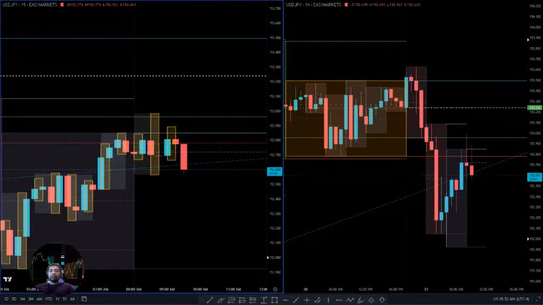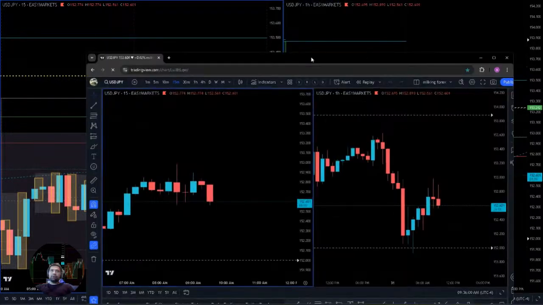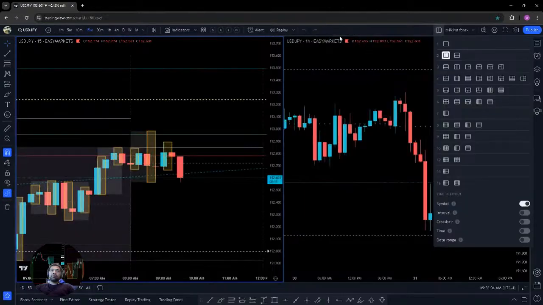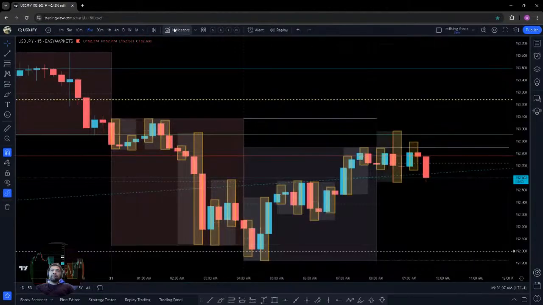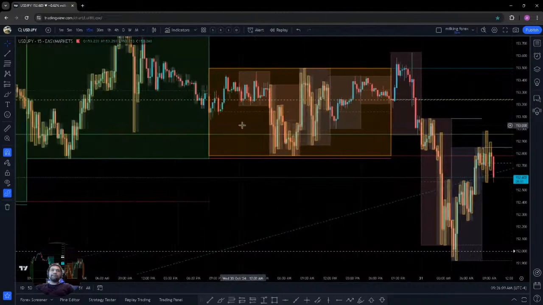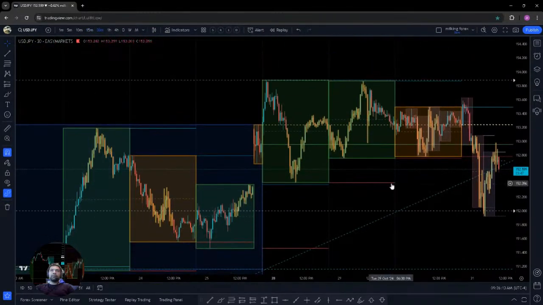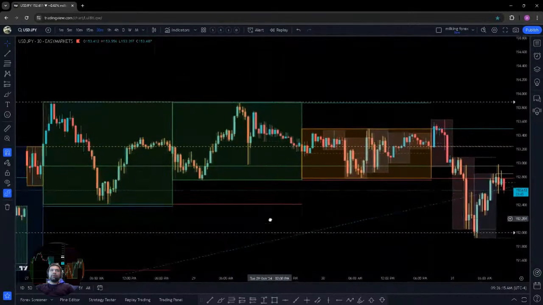So there is something really cool that is happening, and I want to show you guys how the range is actually reacting around here. Do you see this?